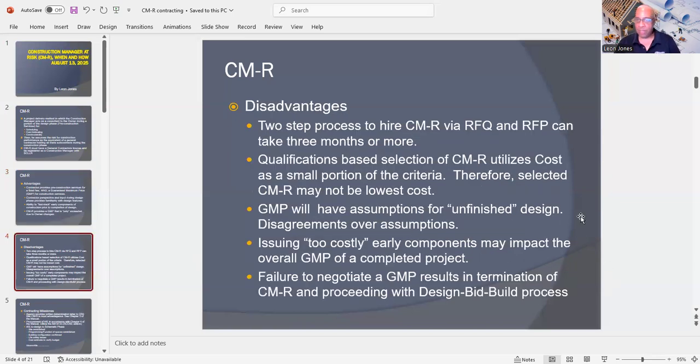Now, with the advantages of a CMAR, there are also disadvantages. The disadvantages are that there's a two-step process to hire a CMR via an RFQ and an RFP. Now, what is an RFQ? An RFQ is a request for qualifications.